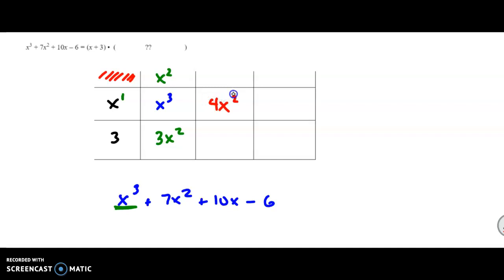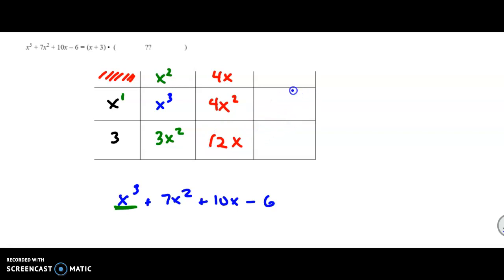Well, that gives us a clue, right? If this is 4x squared and this was our x, so now we're thinking x times what up here has to be a 4x squared. That's got to be 4x, right? Because 4x times x is 4x squared. If this is 4x, and now we're going to multiply that with 3, that's going to be 12x here, okay? Now we need to go a little bit more. Again, here's another diagonal, right?